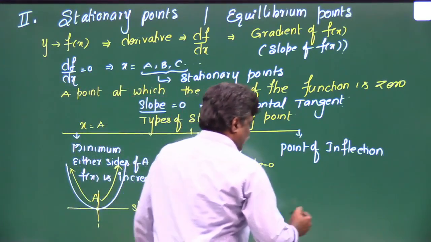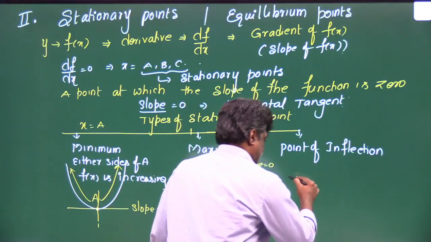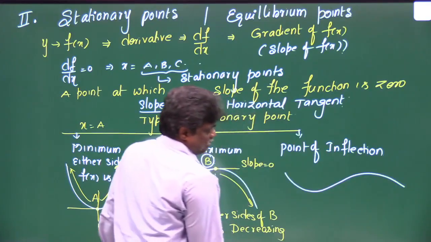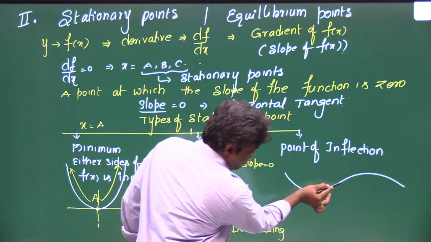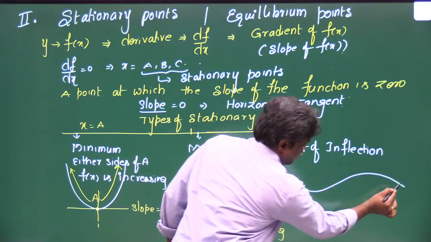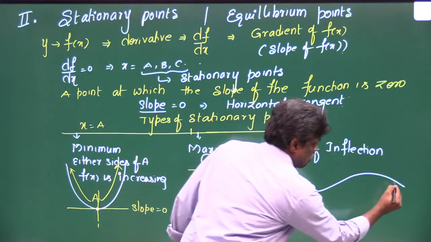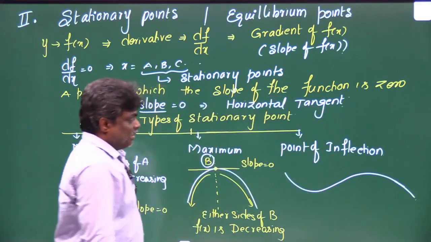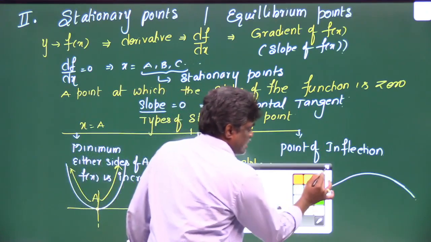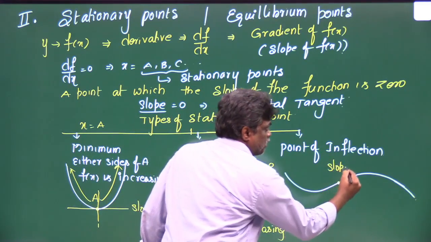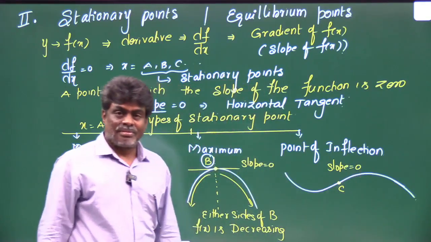And if I take another example, something like this. Let us suppose there is some flat part here, of course it's not drawn properly, but that's not an issue. Now let us suppose there exists a point C where the slope of the function becomes 0.